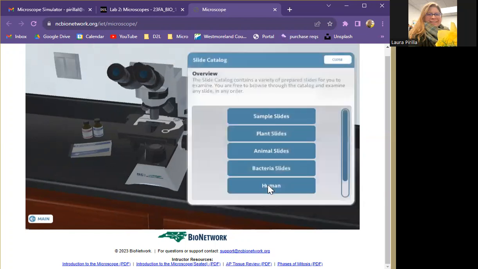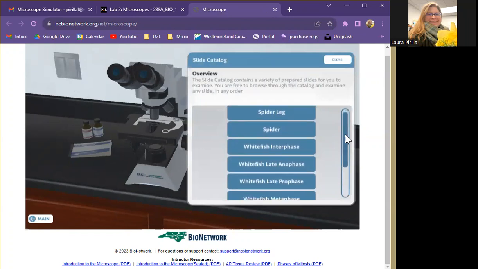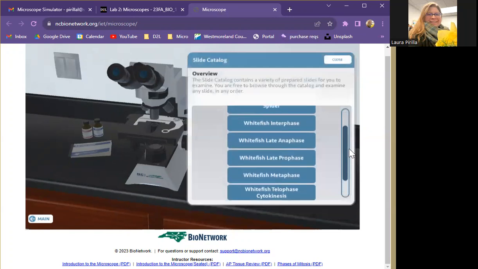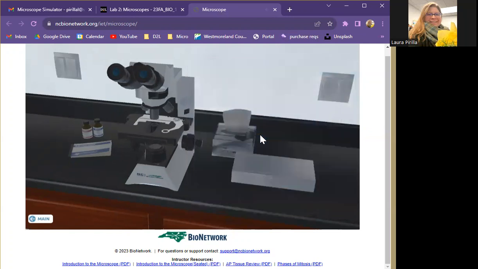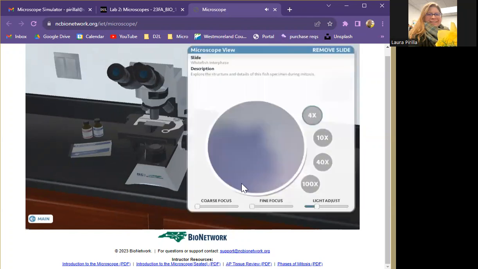Let's remove the slide. Let's look at some fish cells. So these are cells from a fish embryo.